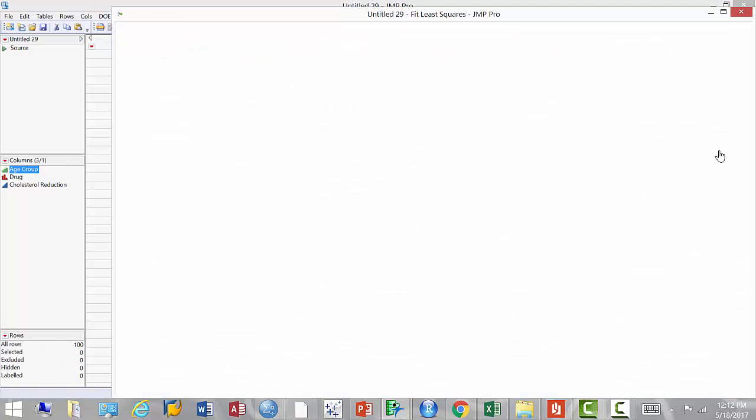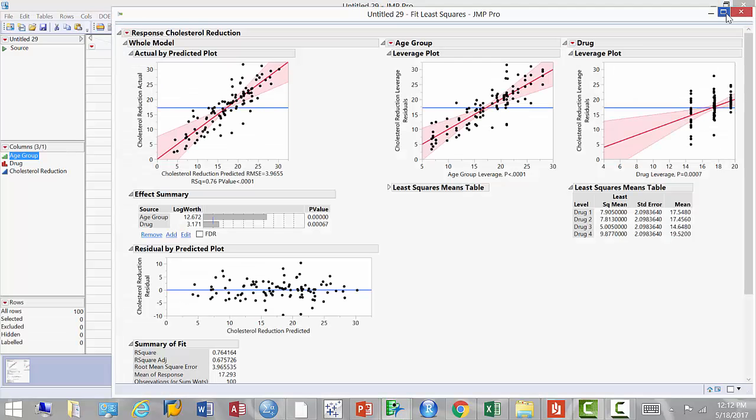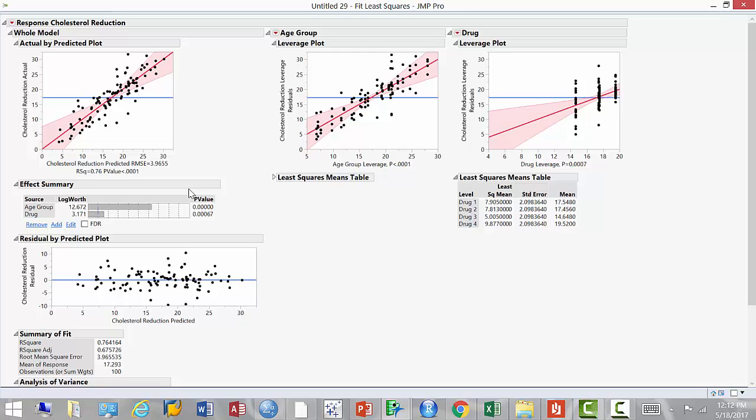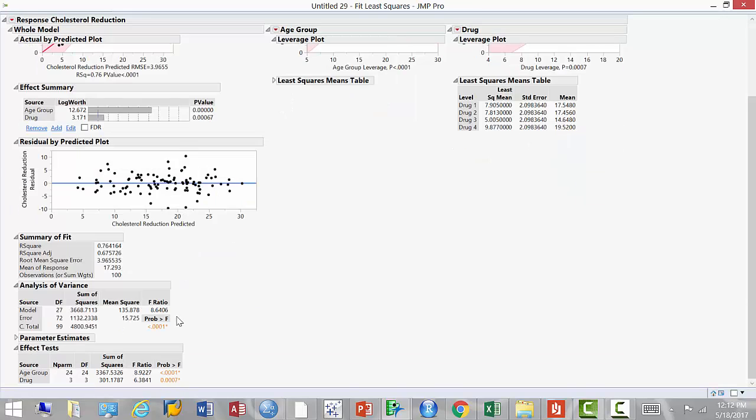And then I click the Run button, and it creates a whole bunch of different things for me. But the important output is at the very bottom: analysis of variance and effect tests. So how many hypotheses do I have? 2, right? Well, 4 if you count null and alternative.